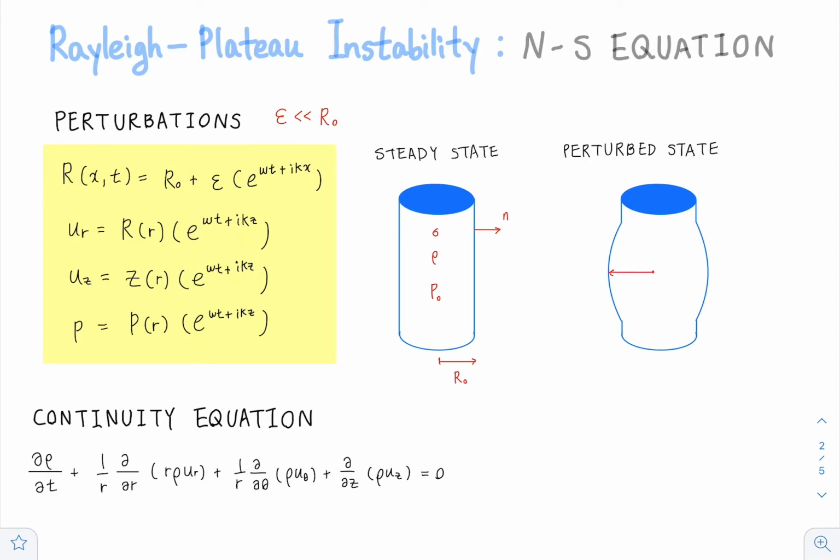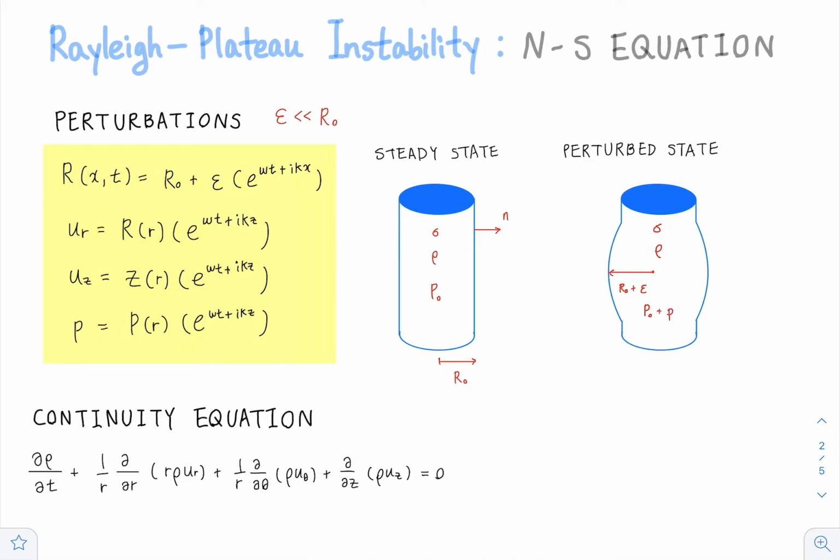So we can say that this slight change in radius can be expressed as R0 plus this perturbation amplitude. We will say that sigma remains the same and rho remains the same. However, we will see that the pressure term will be slightly perturbed by the amount of P.